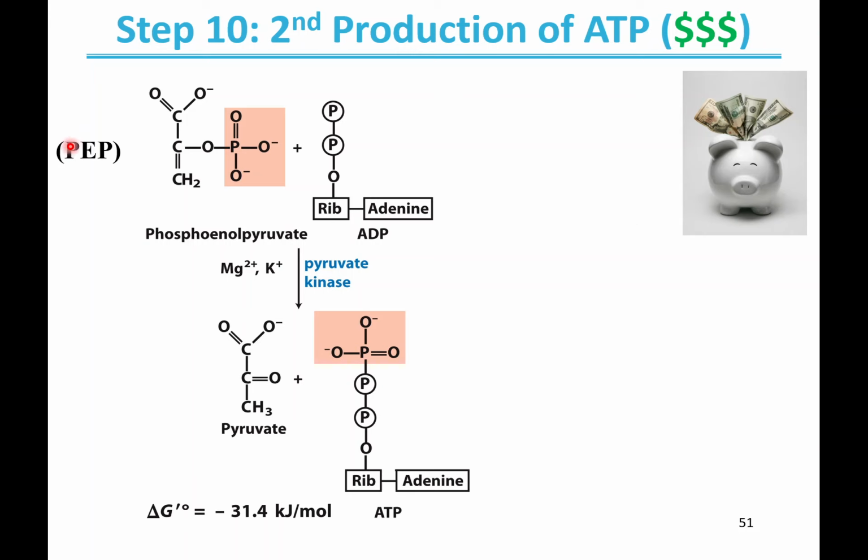We have phosphoenol pyruvate plus ADP going to pyruvate and ATP. So we're transferring that phosphate group from PEP to ADP to make an ATP. Okay, and this reaction is catalyzed by the enzyme pyruvate kinase.